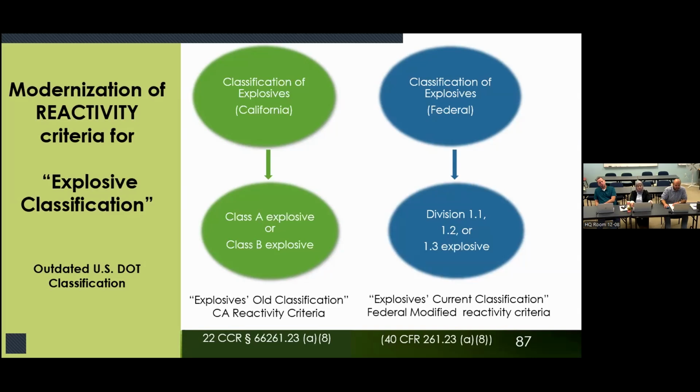California's existing regulations still reference the older classification system. DTSC recommends updating both the ignitability and the reactivity criteria to change the old classification to the new one in order to align with the current US DOT classification system and to ensure consistency with US EPA's regulations.